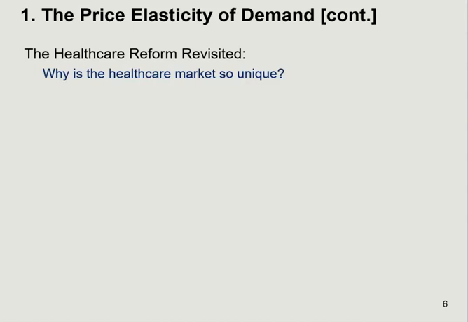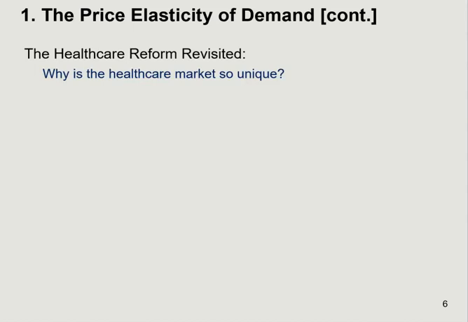Okay, if you remember back in chapter 4, we said that the healthcare market is so unique because the demand for healthcare or medical treatment is inelastic, right? Or we could say very inelastic.